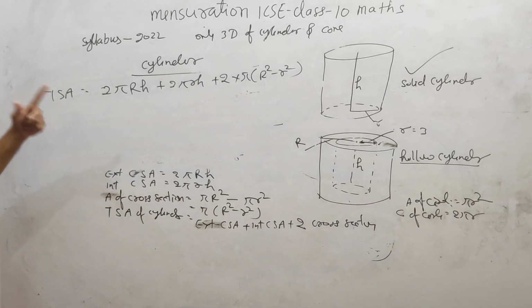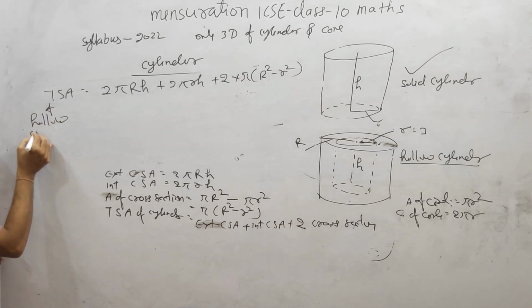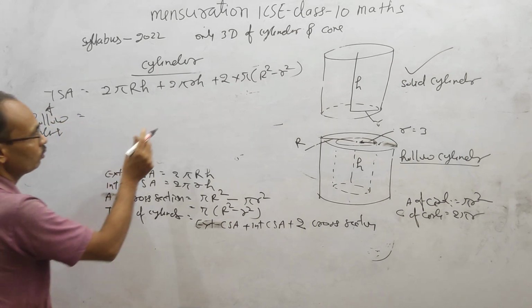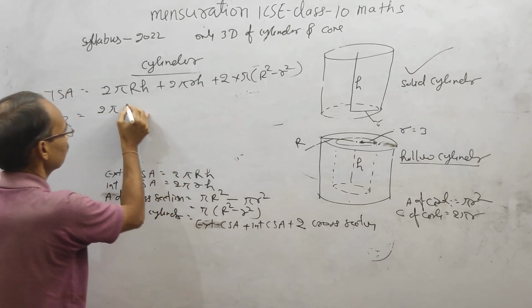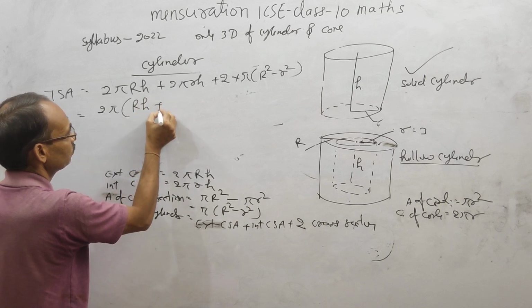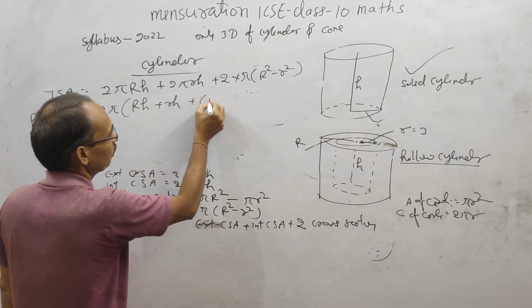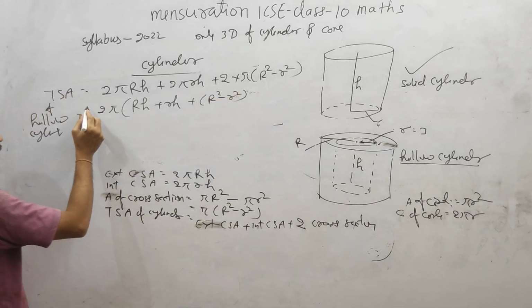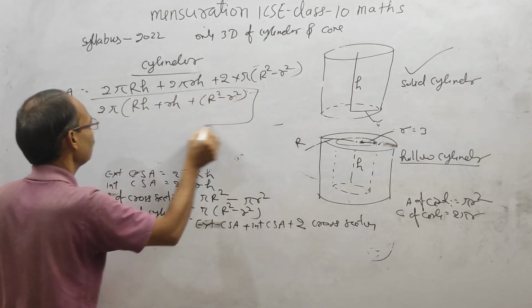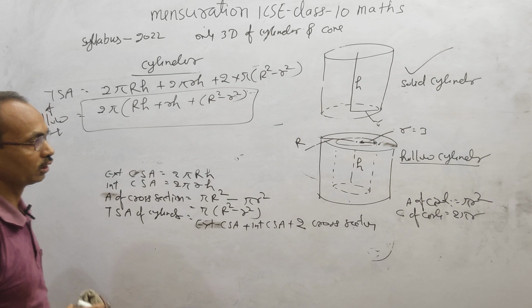This is the formula of the total surface area of a hollow cylinder. Taking common 2 and pi in all cases: 2 pi times R h plus r h plus R square minus r square. This is the formula of the total surface area of a hollow cylinder.